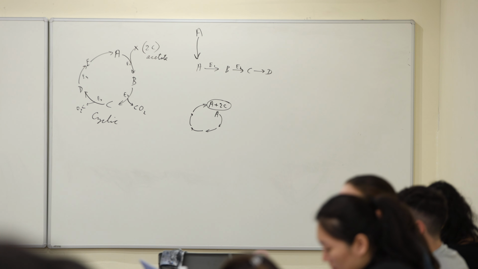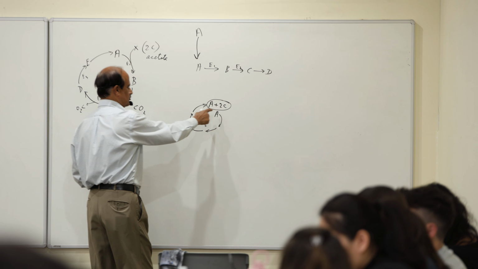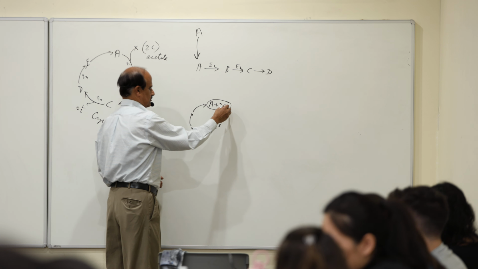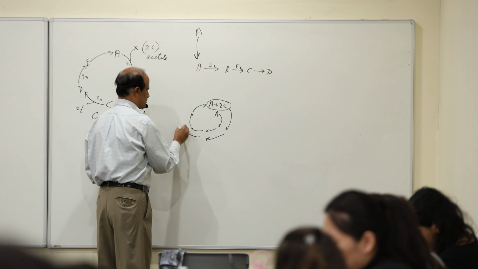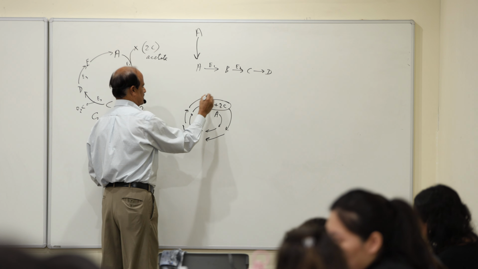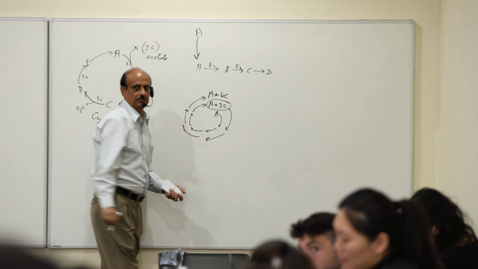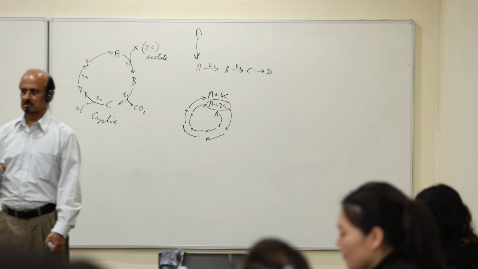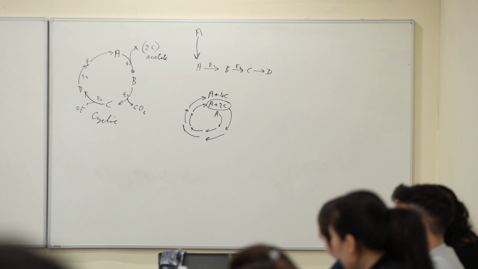So it's adding carbons to A. But the functional group is still the same. So this will again react in the same way using the same enzymes and then convert to A plus 4 carbons. So in every cycle you are increasing the chain length by 2 carbons, as an example.